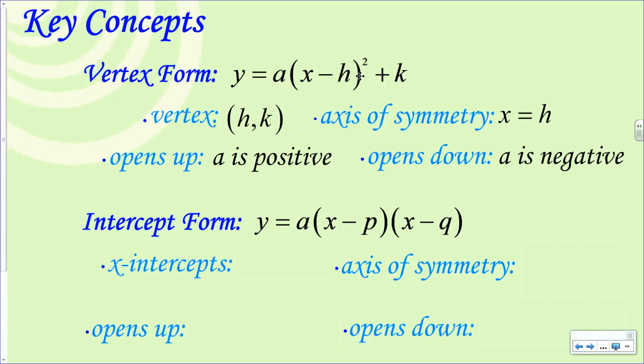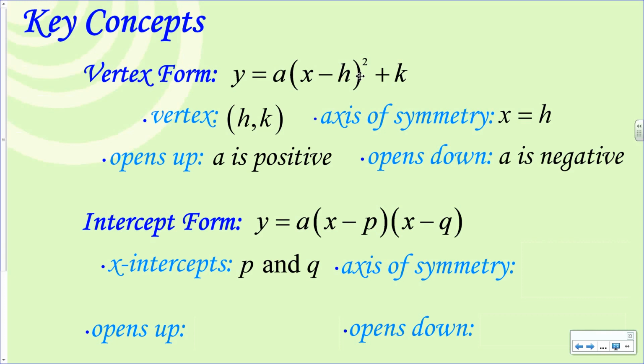And my intercepts are what? p and q. Very good. Because these are positive and these are negative, we always switch them. So if they're negative in here, my p and q would be positive. If they're positive in here, my p and q would be on the negative side. So it's the opposite always.